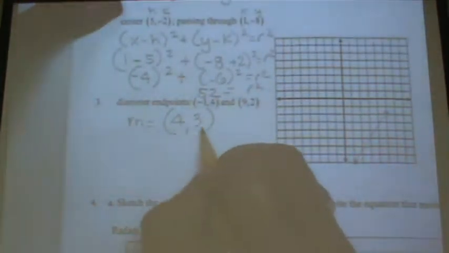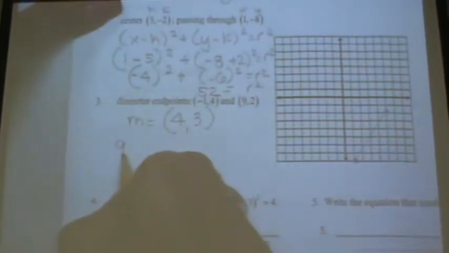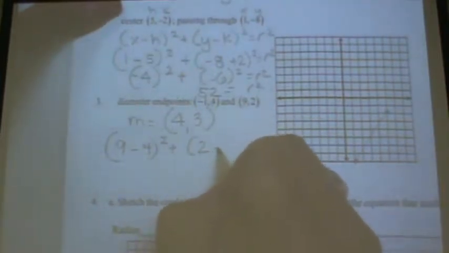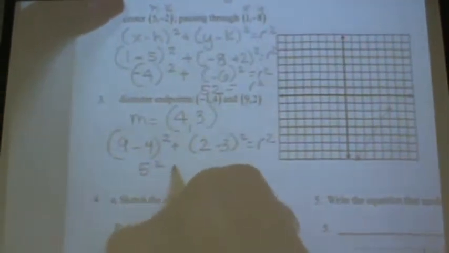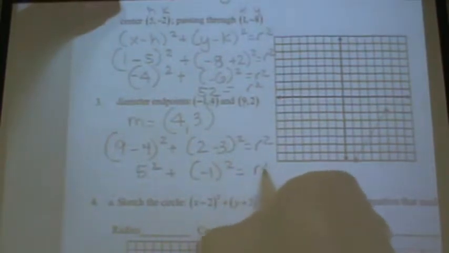So this is your h and k, and I use 9 and 2 because I like positive numbers, not negative. So 9 is your x value, 9 minus 4 squared plus, here's your y value, 2 minus 3 squared. So 5 squared plus -1 squared. What's r squared? 26. So that's the number that goes here, 26.